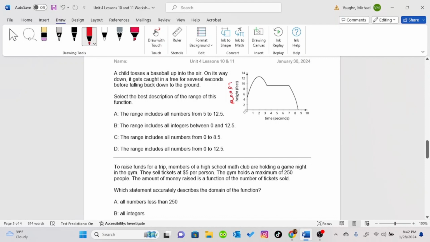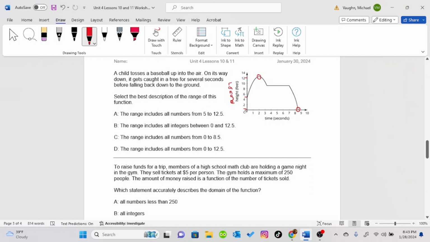So if we look, we do see it start at 5 and go up to 12.5. But we also see it come all the way back down to the ground where it's 0. So the range is everything from the lowest point when it hits the ground at 0 to the highest point at 12.5.